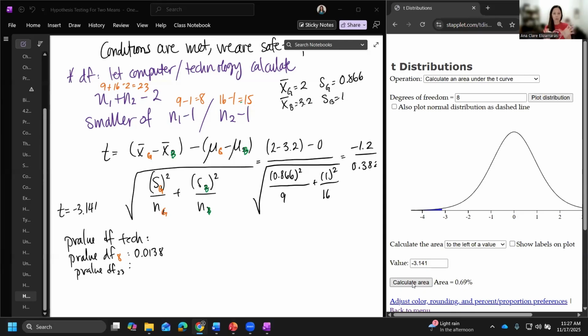That's the tricky part of doing it with just t-distributions and knowing what you have to do based on your alternative claim. What if we did degrees of freedom of 23?